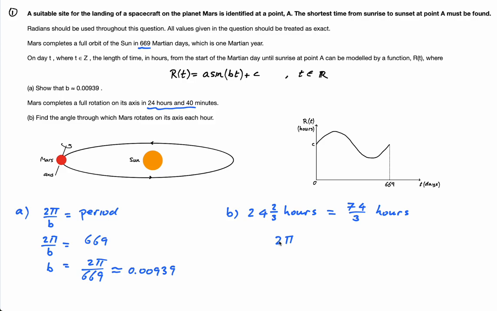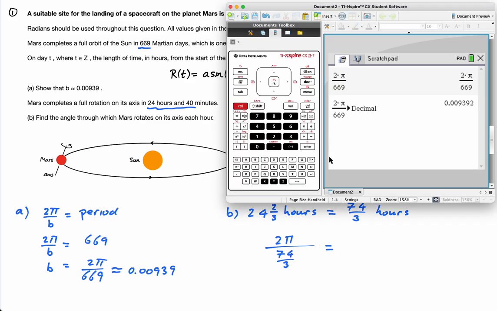So how much in 1 hour? Well, I just need to divide this by 74 over 3, or 24 and 2/3, or however you want to write it. I'm actually going to do 74 over 3 like this. Just be careful. I don't like decimals, guys, but you could use a decimal. It would be fine.